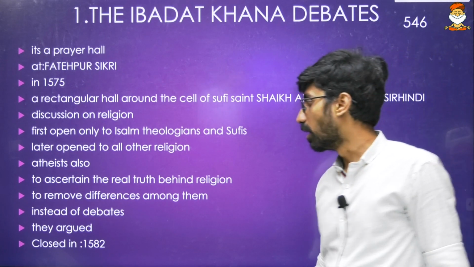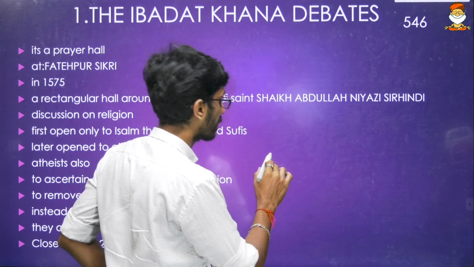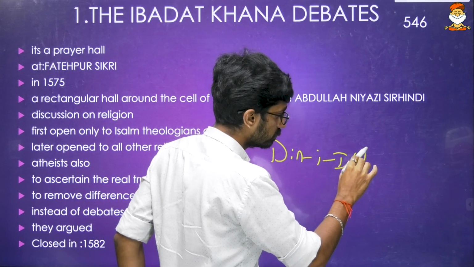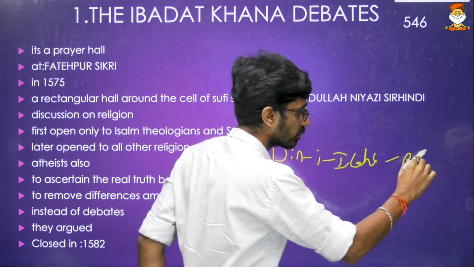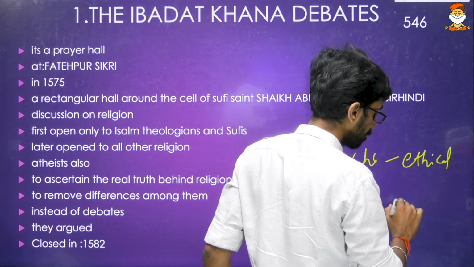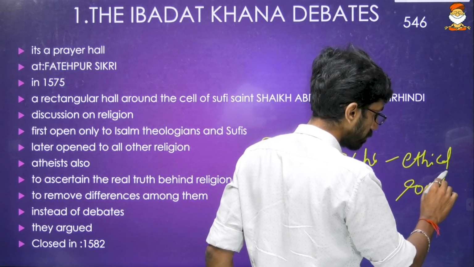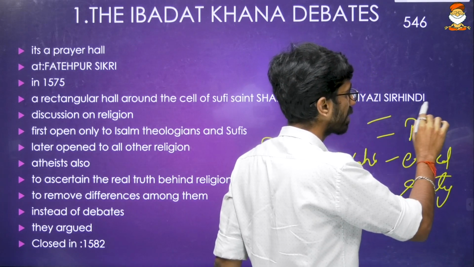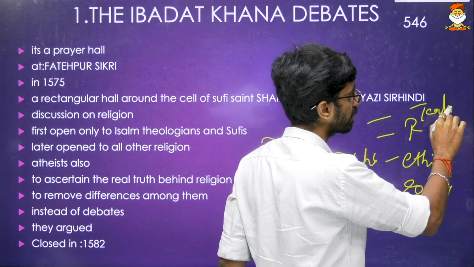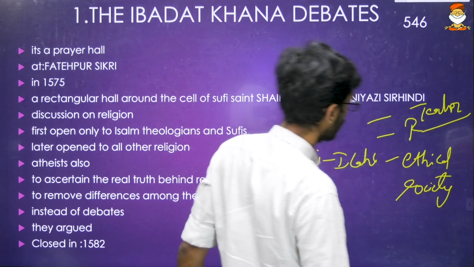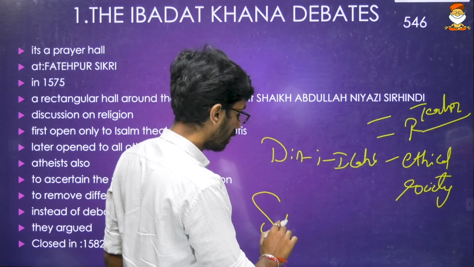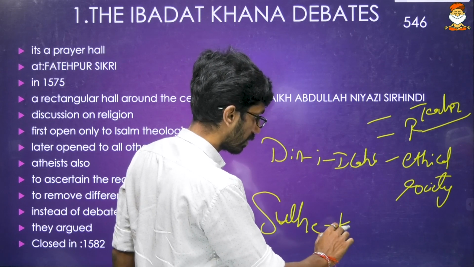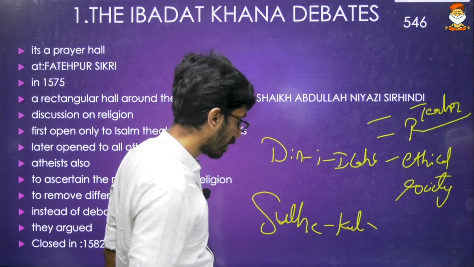The other concept of Akbar is Deen-e-Ilahi, which, like I already told you, was an ethical society. It's not a new religion. Certain rules and regulations are there. Akbar is the teacher of this particular sect, not a sect but rather a kind of ethical society. Then again, Sulh-e-Kul, some pronounce it Salhekal also.